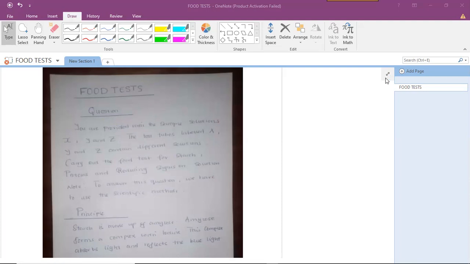So the biggest piece of advice that I can give you when you're doing any form of practical is to actually write what you see. Do not write what your friends are writing. Just focus on writing the results that you are actually seeing, because you don't know the reagents that you are going to be given.